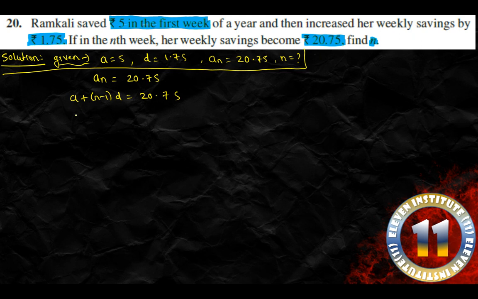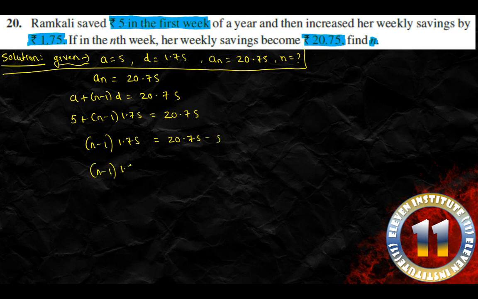Now instead of a we shall write 5 plus n minus 1 into 1.75 is equal to 20.75. 5 will be subtracted over here. So n minus 1 into 1.75 is equal to 20.75 minus 5.